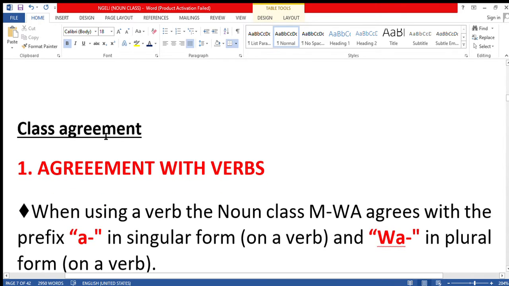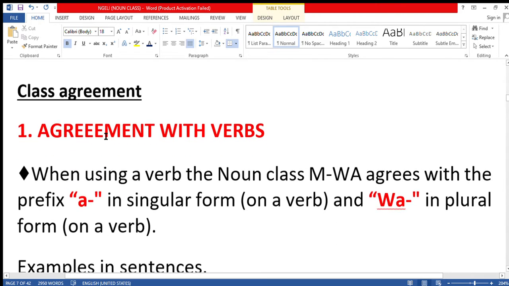Now we are going to talk about the agreement with the verbs. Now the class agreement, you know how the nouns in the noun class of mwa agree with other types of words, like the verbs, the adverbs, the adjectives, the possessives.